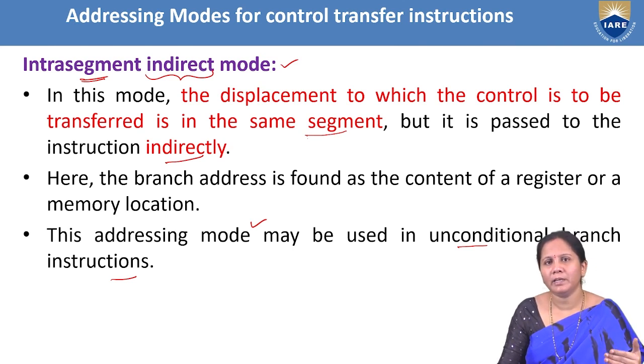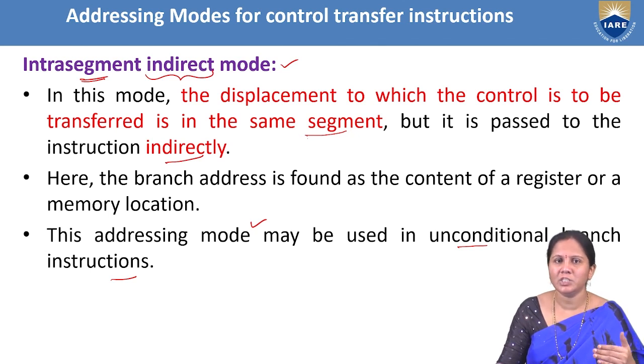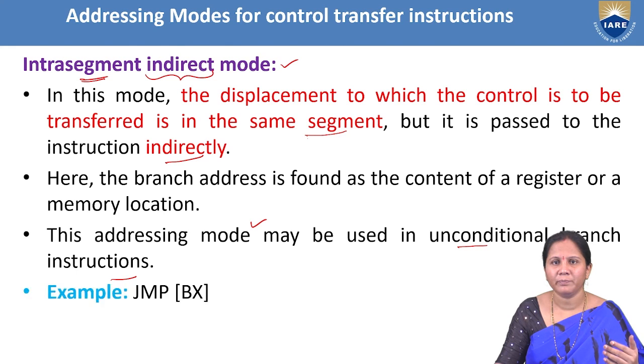Simply like JMP, if you write, that JMP instruction comes under unconditional branch instruction only. JNZ, for example, jump if not zero, comes under conditional branch instruction. We cannot use a conditional branch instruction; we have to use only an unconditional branch instruction in order to specify this addressing mode.